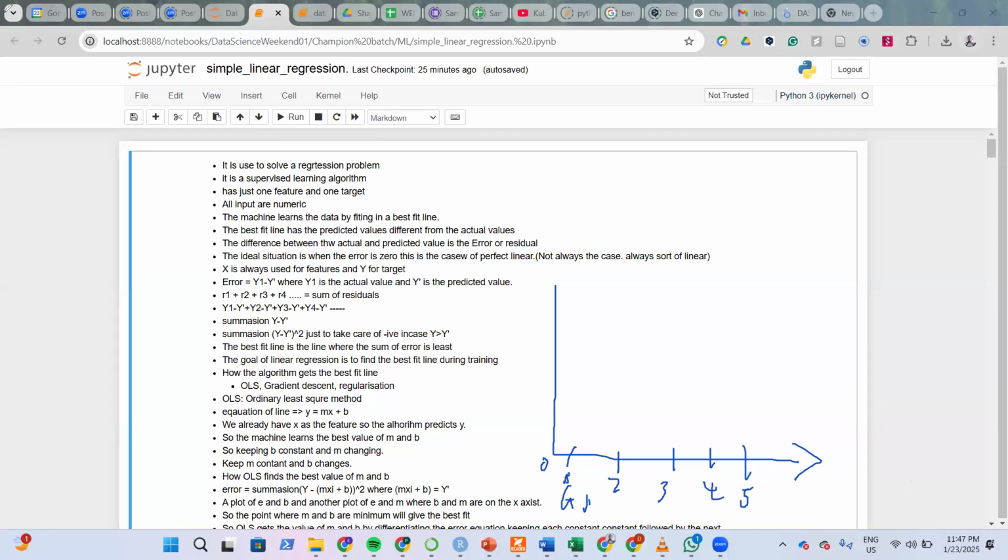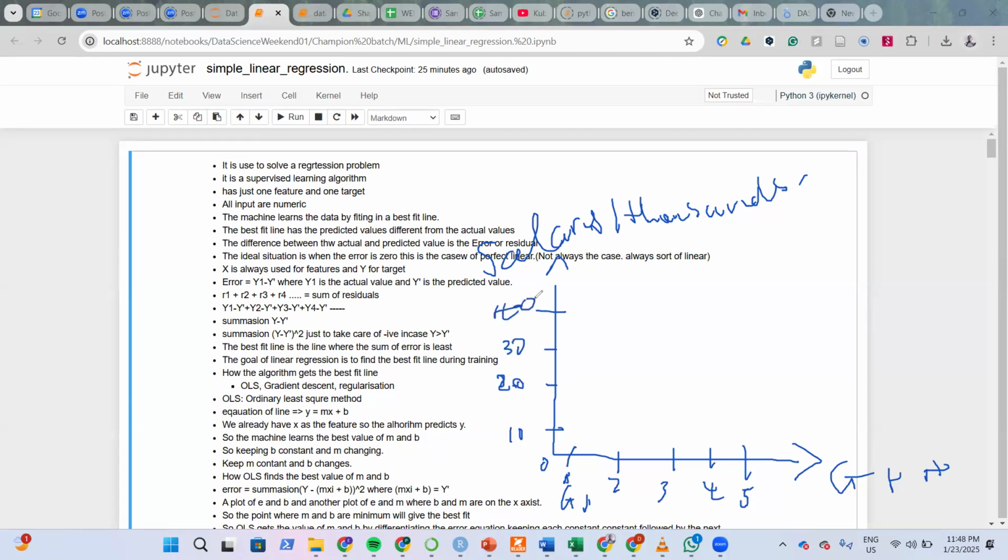We're going to have our GPA on the x-axis, and on the y-axis we're going to have our salary, in thousands: 10, 20, 30, and 40,000.